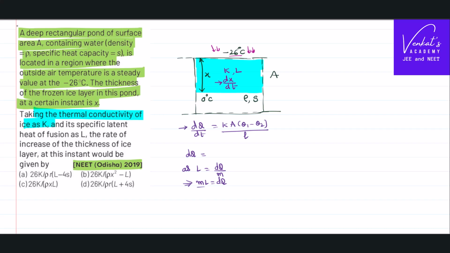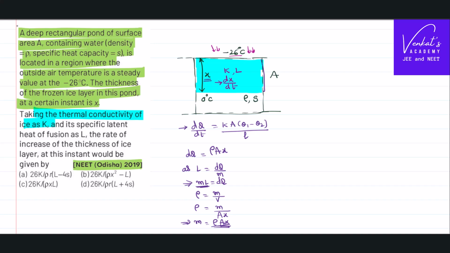But it is not given in terms of m, it is given in terms of the density. So density can be written as mass by volume. As the area is given, I can write volume as area into length, the area of the surface multiplied by the length x. So in the place of mass, I can write density into area of cross section into thickness of the layer. So in dq equals mL, in the place of m, density, area, and x has to be written.